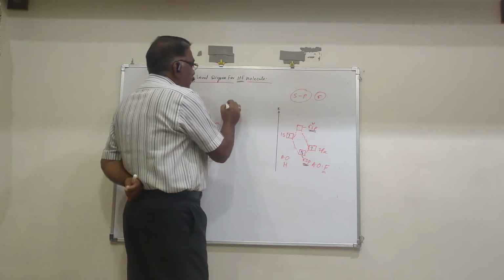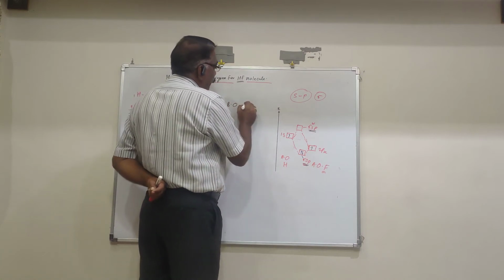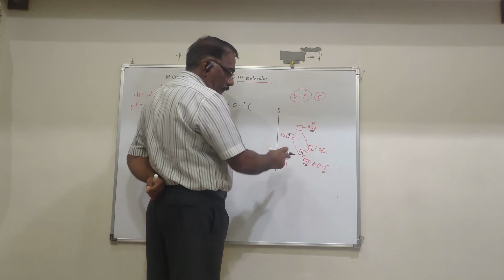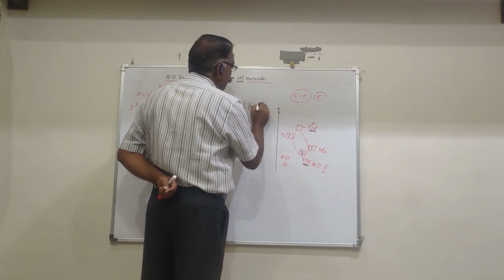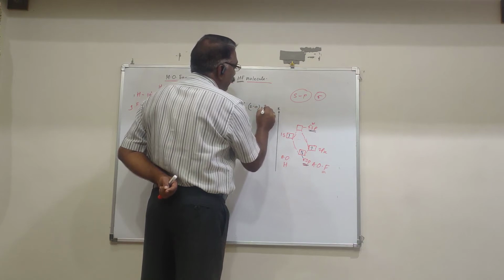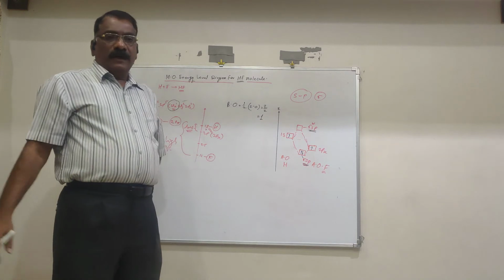Then the bond order. Bond order is equal to 1/2 times the electrons in BMO minus the electrons in ABMO. So 2 minus 0 is 2, divided by 2 is equal to 1. Bond order is 1.